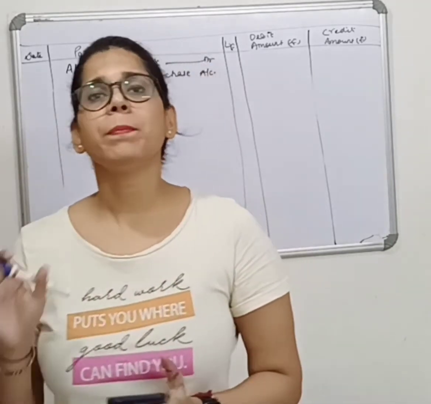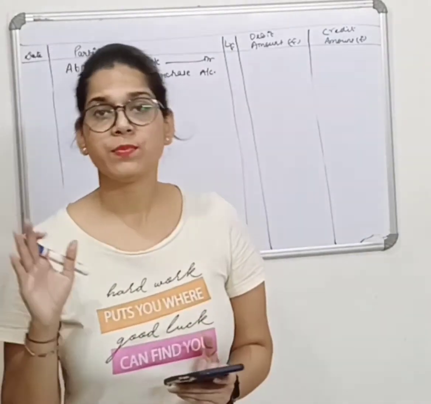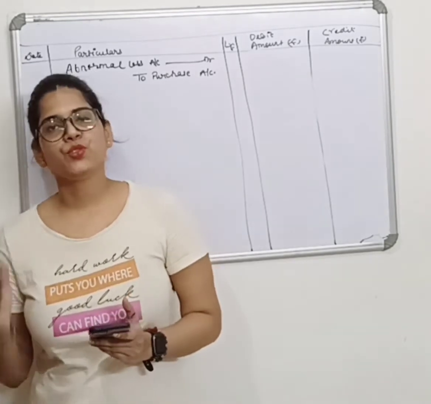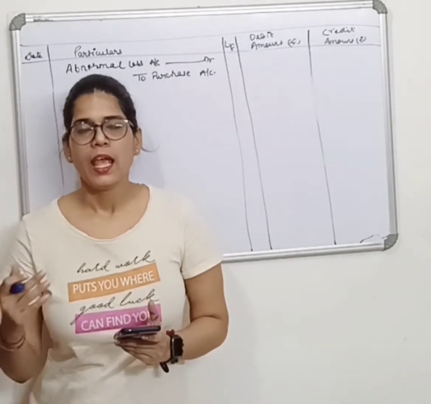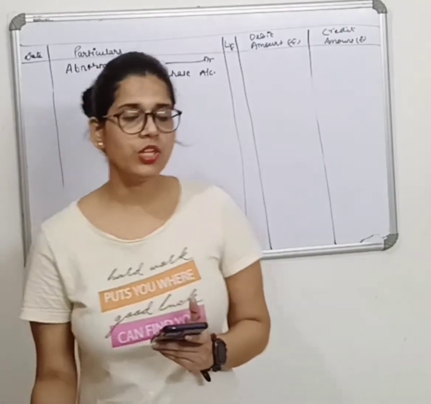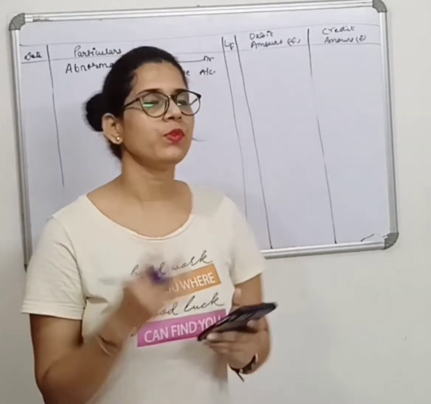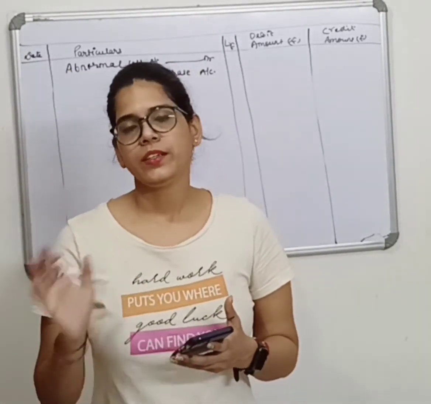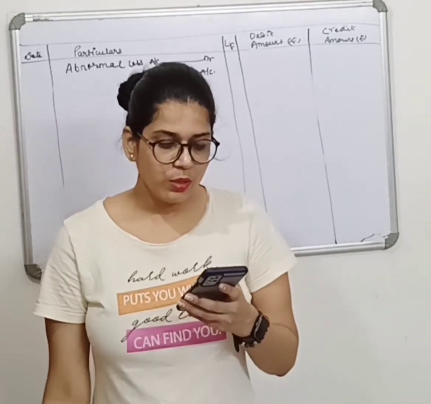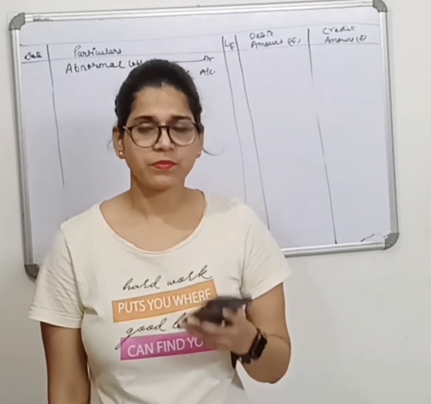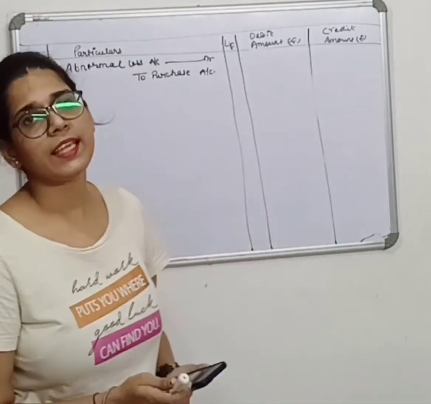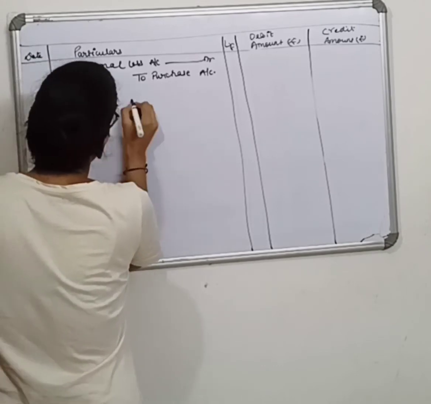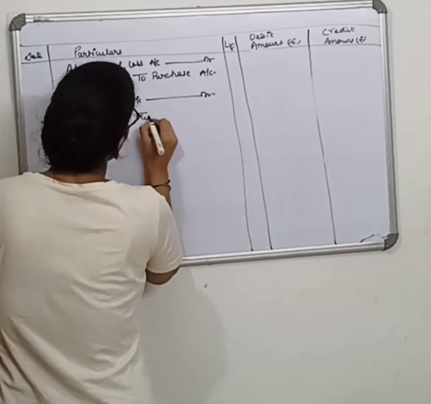So whenever the proprietor is taking anything for his personal use, we debit drawings account, and if he is withdrawing cash, cash gets credited, and in case he is withdrawing goods, the purchase account gets credited, which we discussed here, right? Whenever a withdrawal of goods takes place, we credit purchase account. So the entry will be drawings account debit to cash account, because in this case he has withdrawn cash.